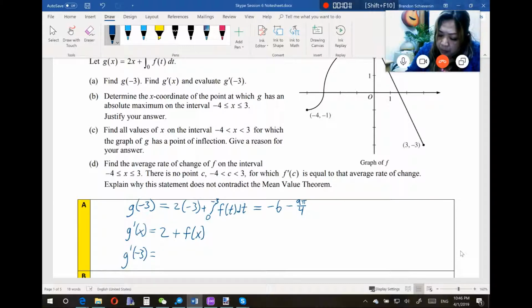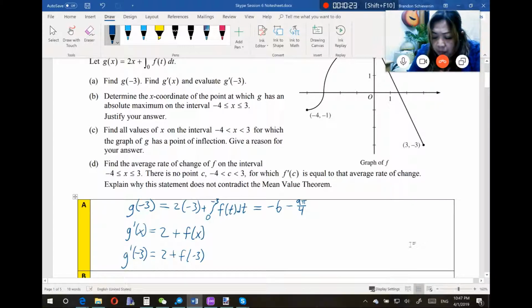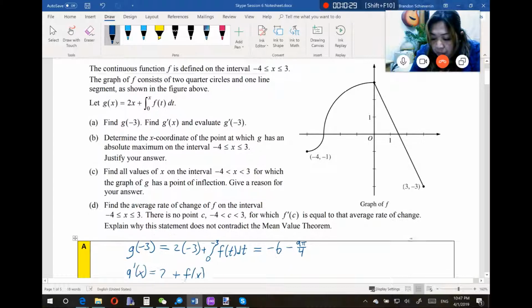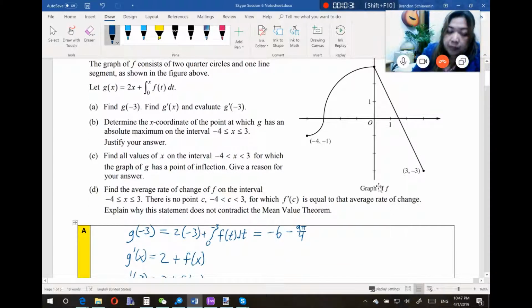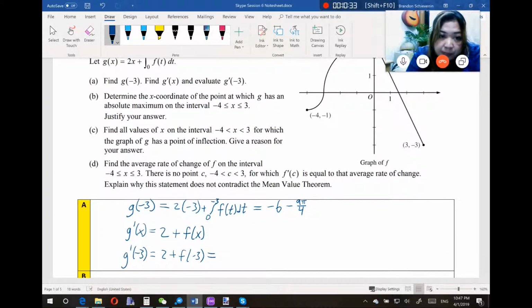I did have to write that as a separate function because they did tell us to find g prime at x. So this is us evaluating g prime at negative 3. I've got 2 plus f of negative 3. What is f of negative 3? Zero. 0, perfect. So I've got 2 plus 0, or 2. Any questions on part A?